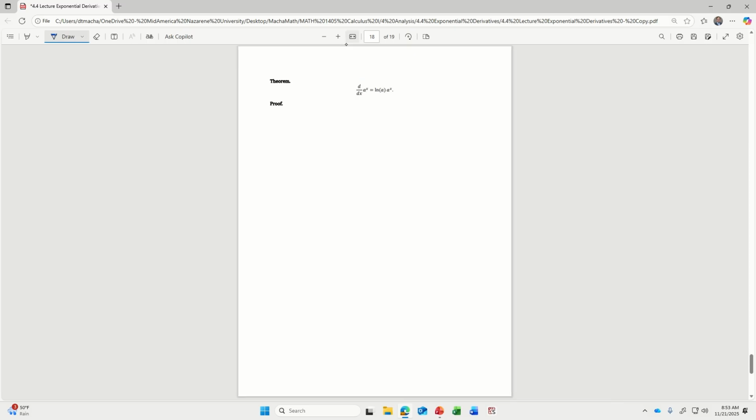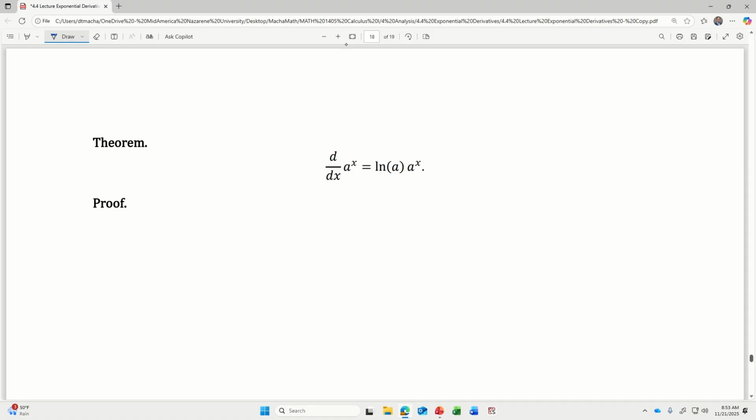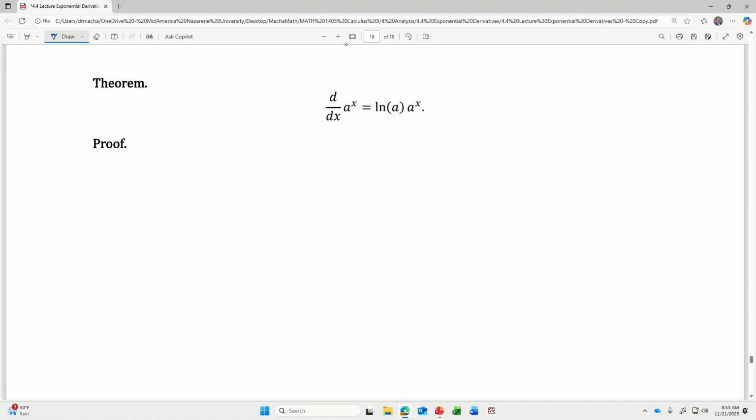Looks like we've got 2 more left in this set of notes. This is the derivative of any exponent in general. It's not just e to the x, but it's for any real number a. And the trick is very similar to the last one.